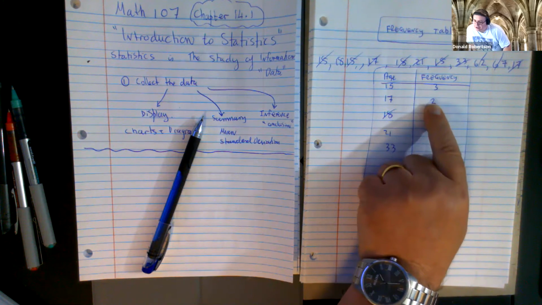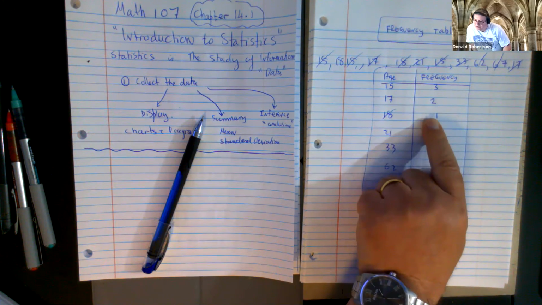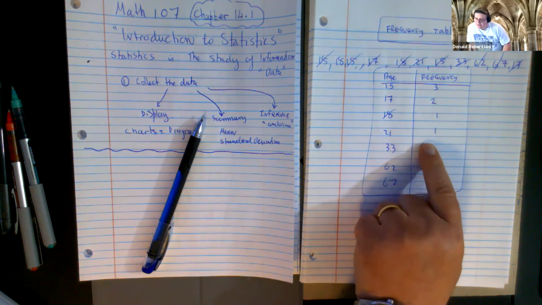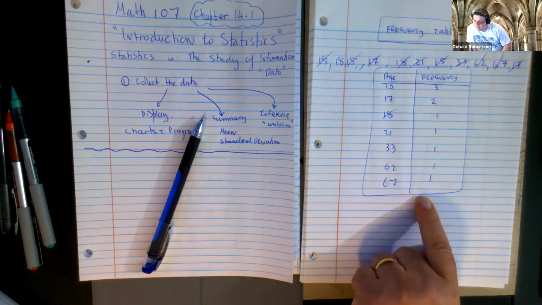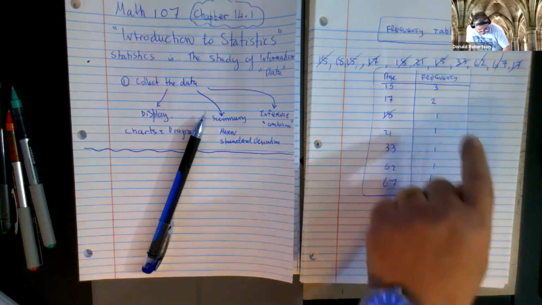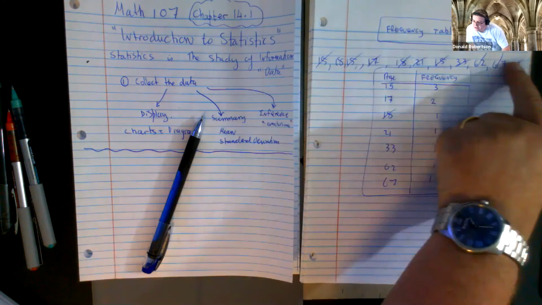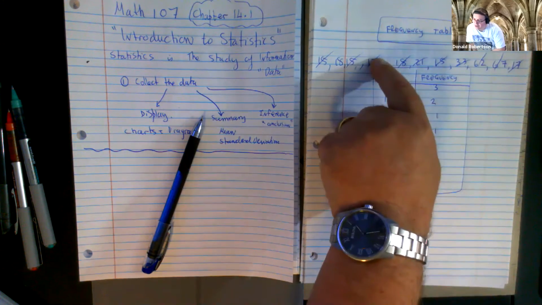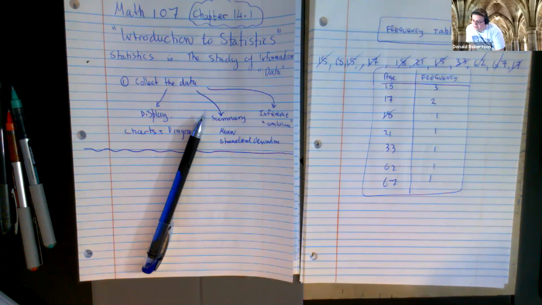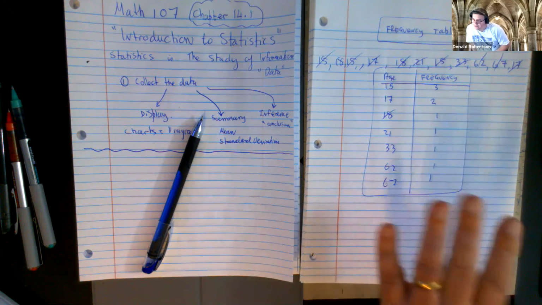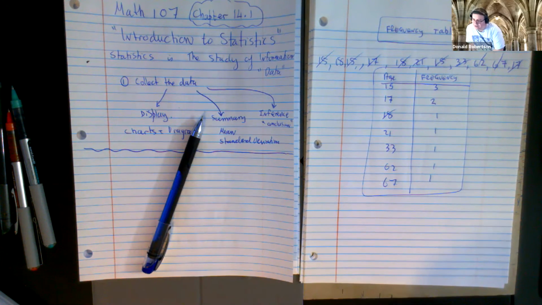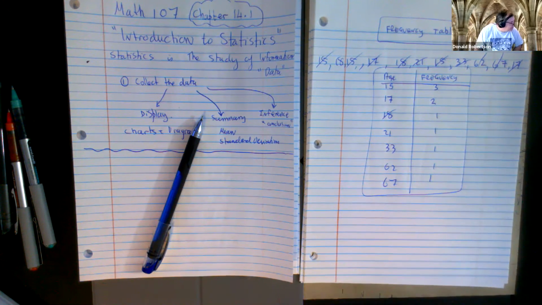And then there's a couple of 17s, and then 18, and then it goes 21, 33, 62, 67. Do you get a feel that you understand these numbers a little bit clearer when they're organized in some kind of way? And that's the job of the frequency table, to take data and organize it in a way that allows you to maybe see it a little bit clearer, right?